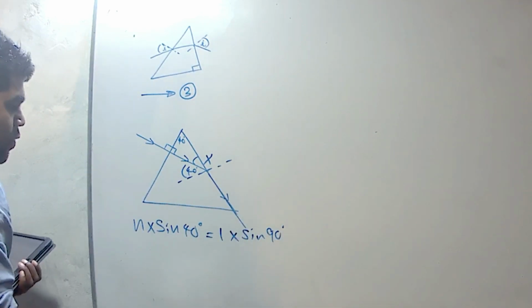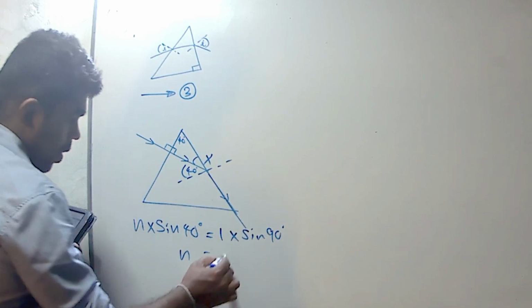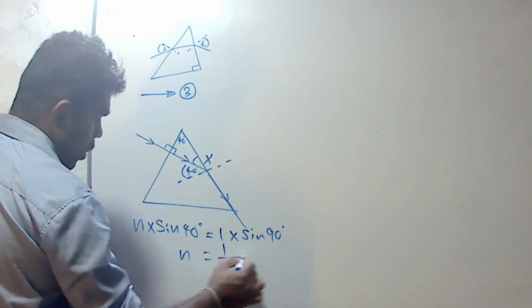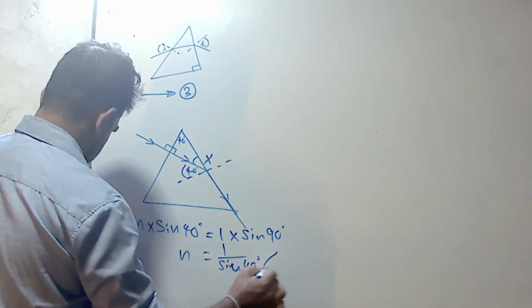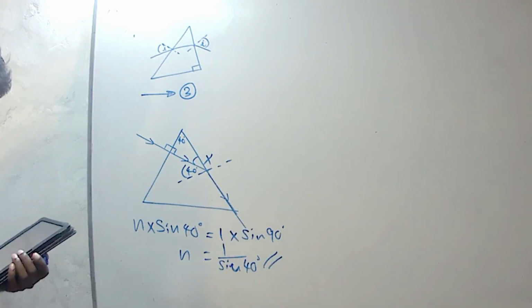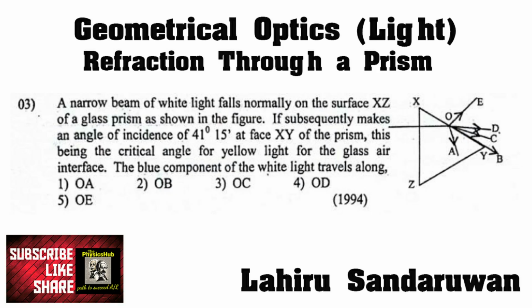Sine 90 value is 1, then we can get n equals 1 into 1 over sine 40. Then the answer is 1.